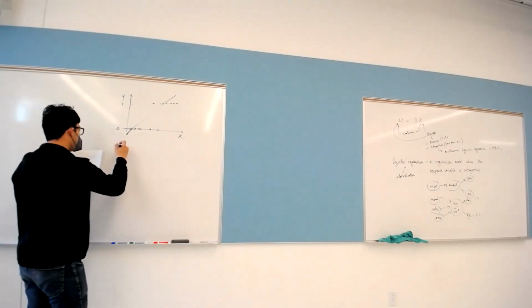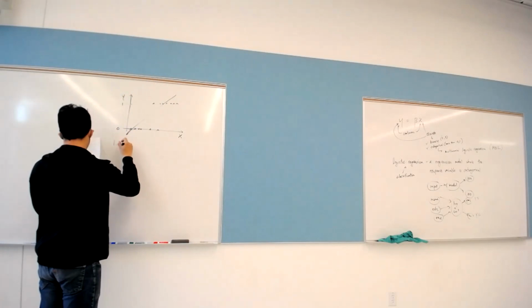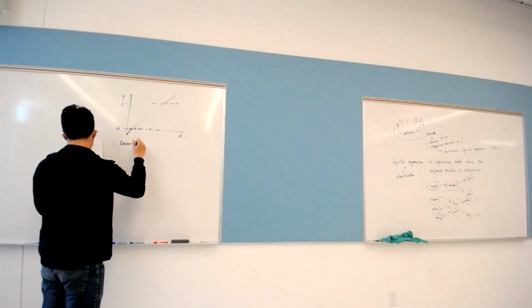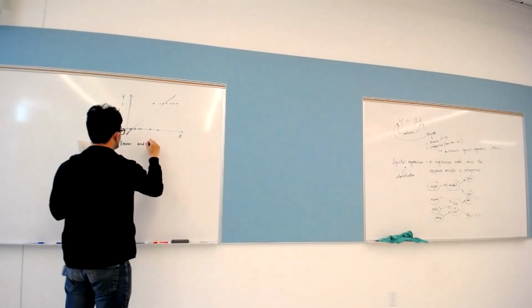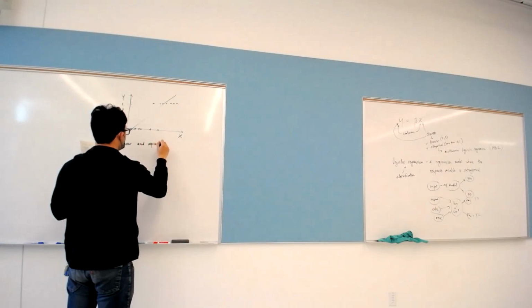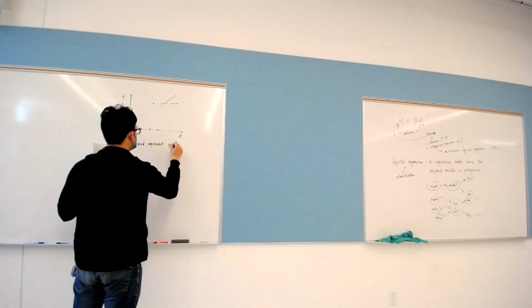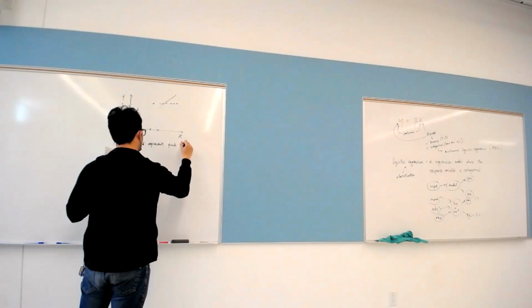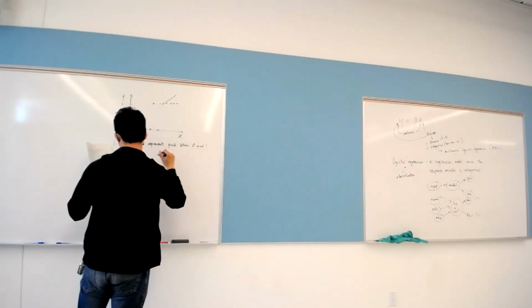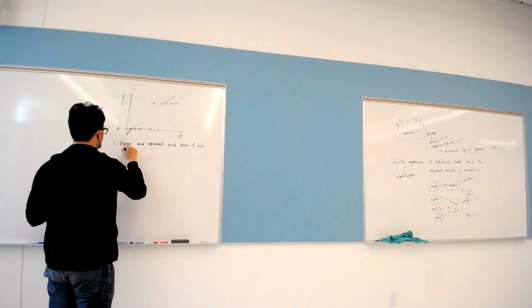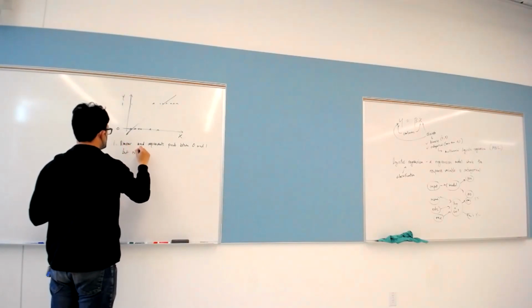So in this case, what we have is something that is linear and represents probability between 0 and 1, but is unbounded.